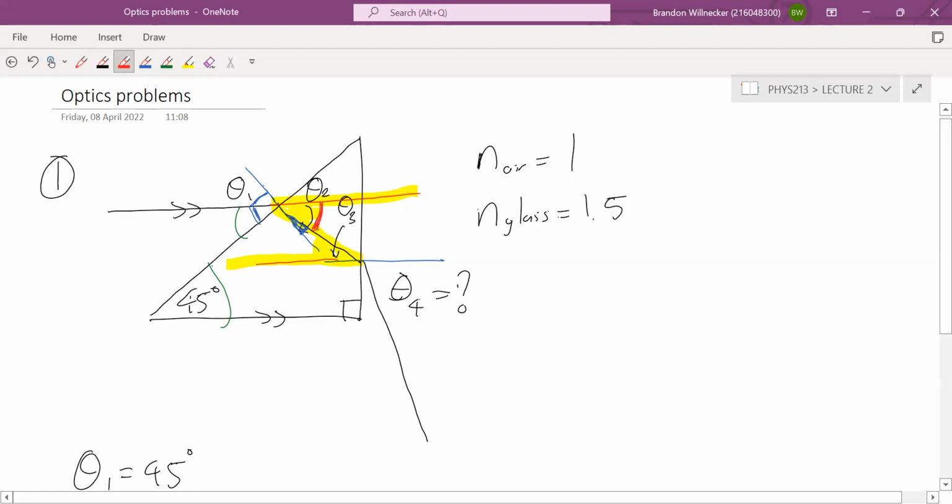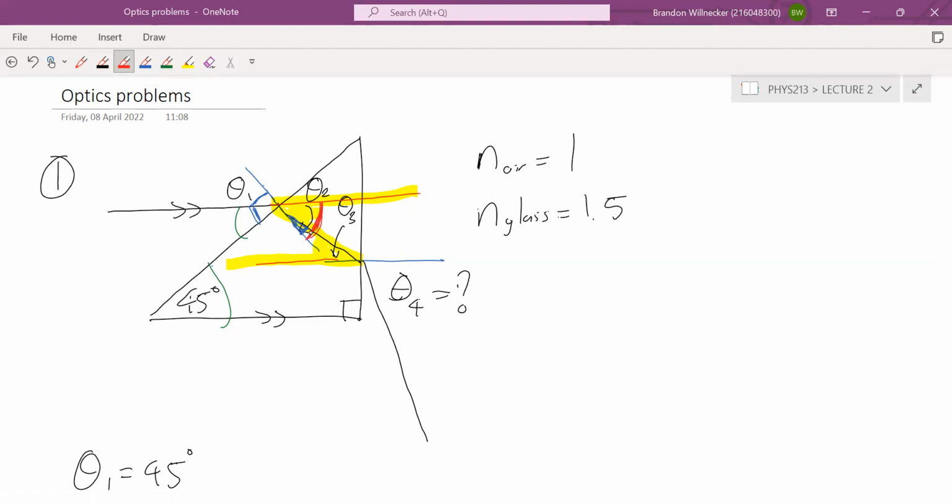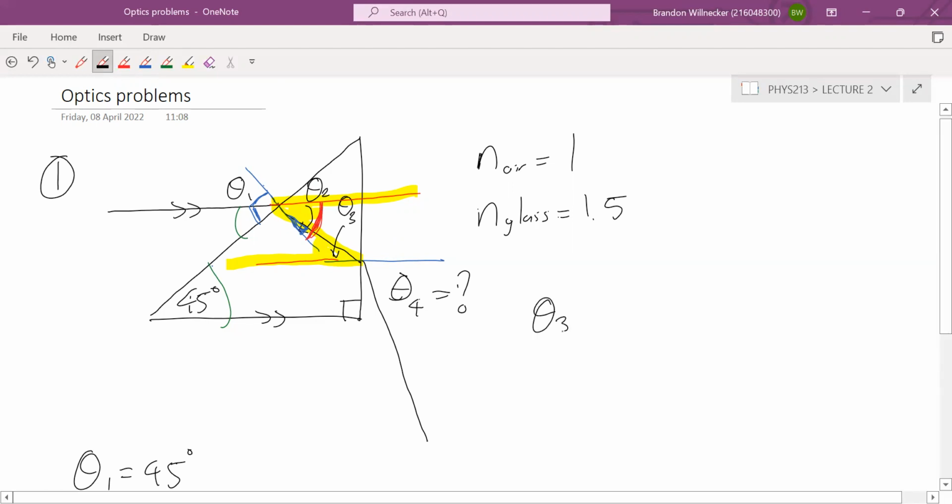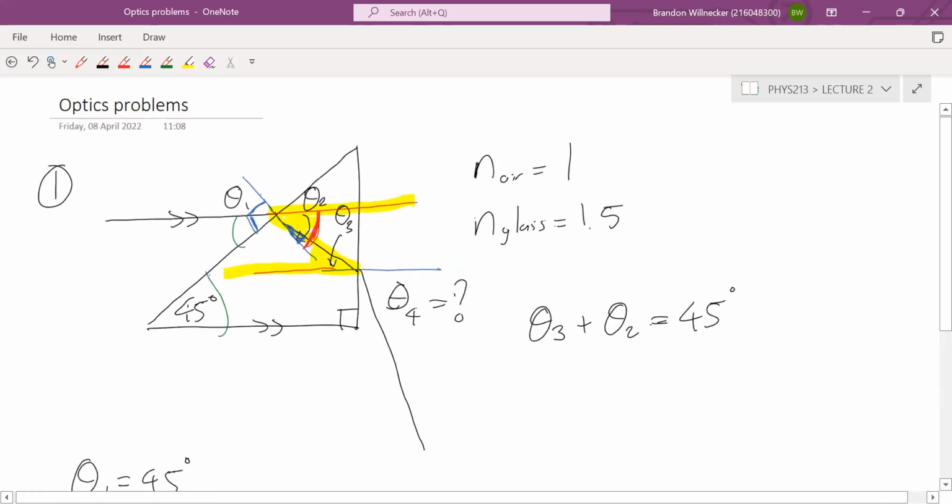So this opposite side here, this must also be 45. Okay, so we know that theta 3 plus theta 2 must equal 45. Okay, that is from vertically opposite angles.